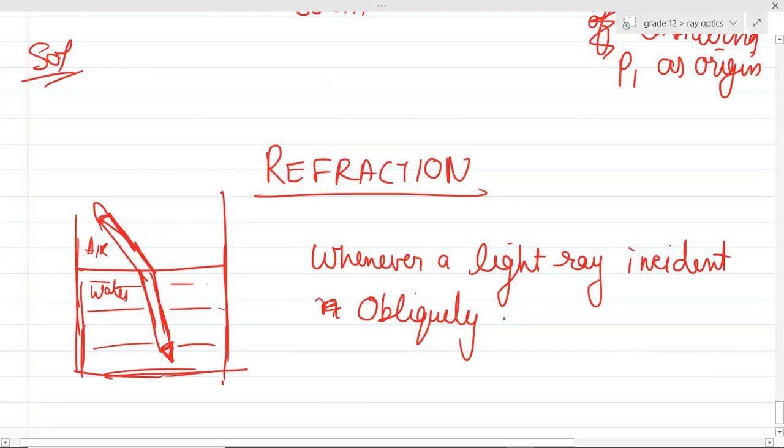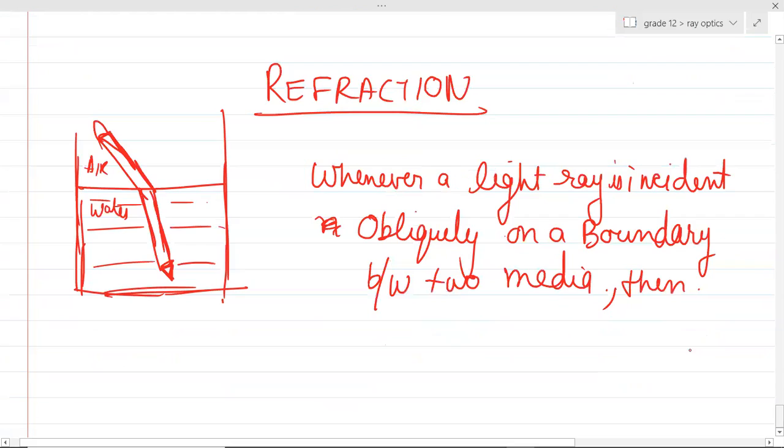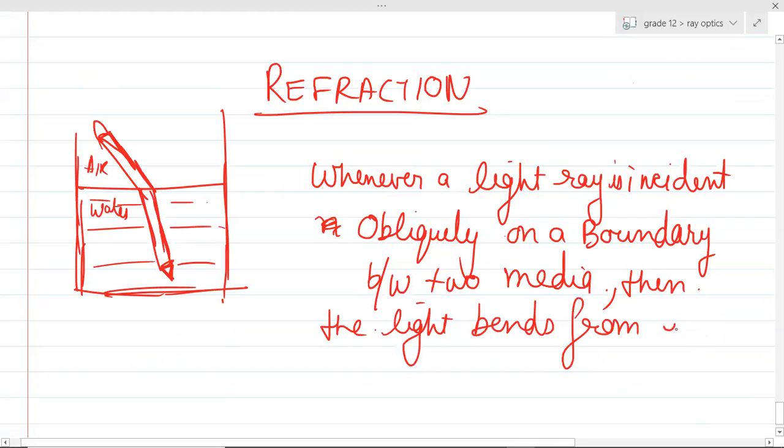So whenever a light ray is incident obliquely on a boundary between two media, then the light bends from its original path.